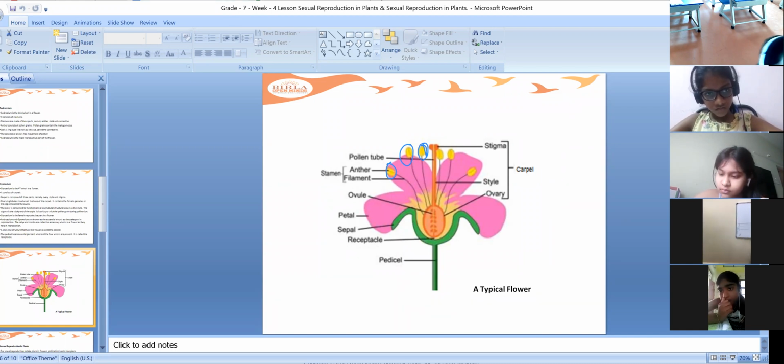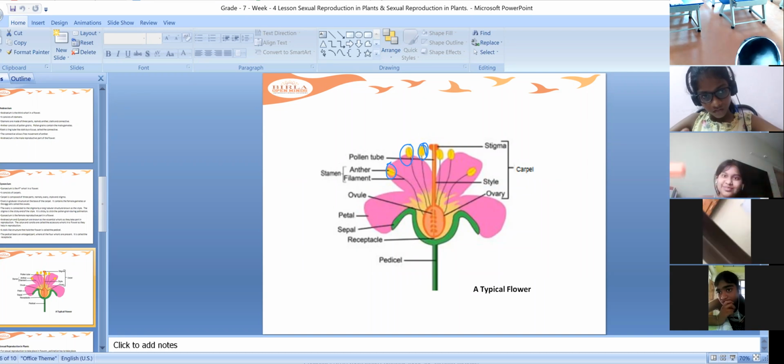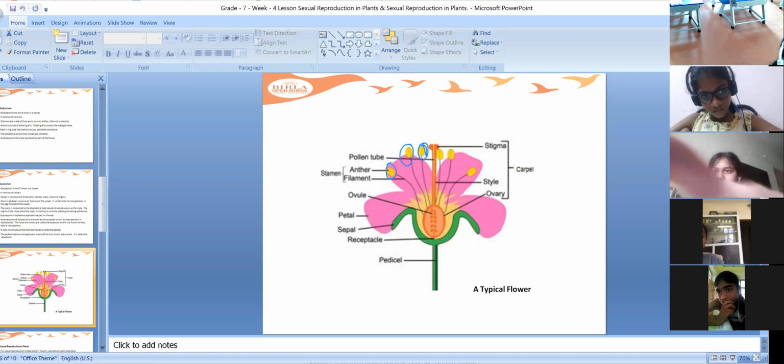They attach to the wings or the legs of flies or butterflies or whatever insect comes and sits on this flower, honeybees. These pollen grains stick to the parts of any insect, be it a honeybee, a wasp, or any other insect. They just stick on their wings or legs.